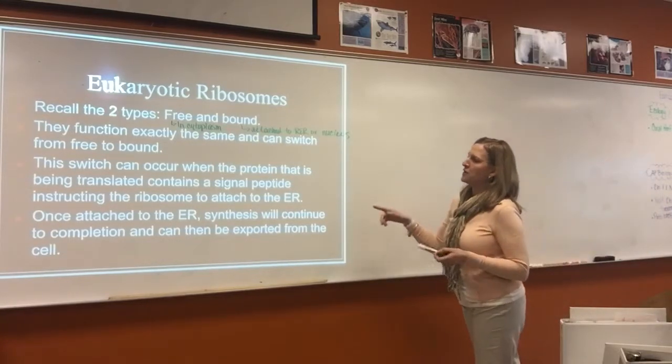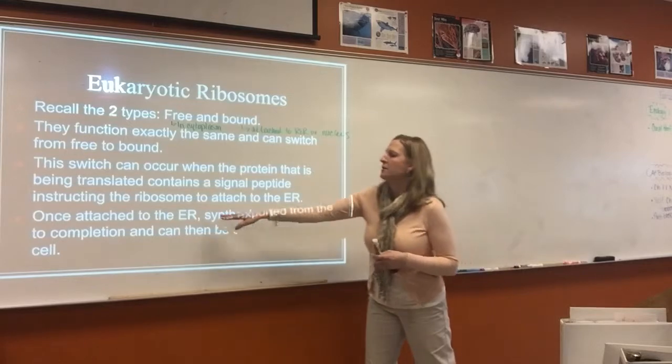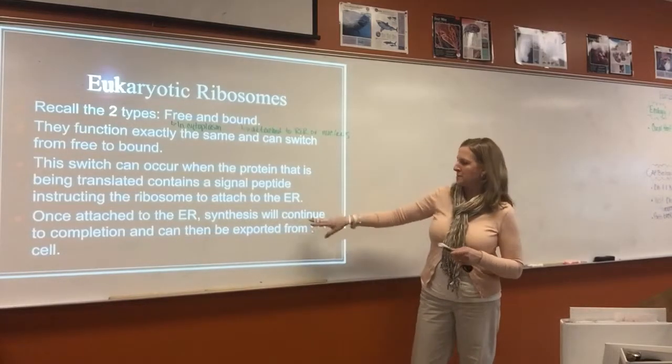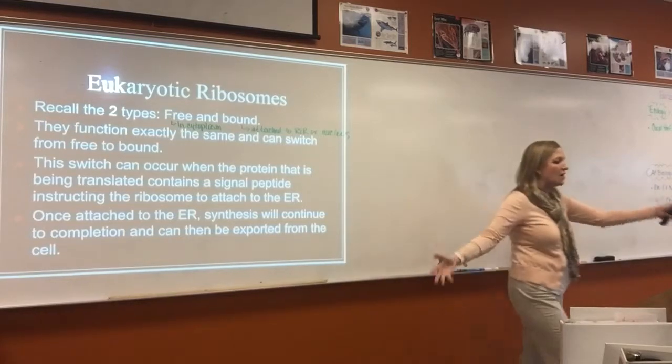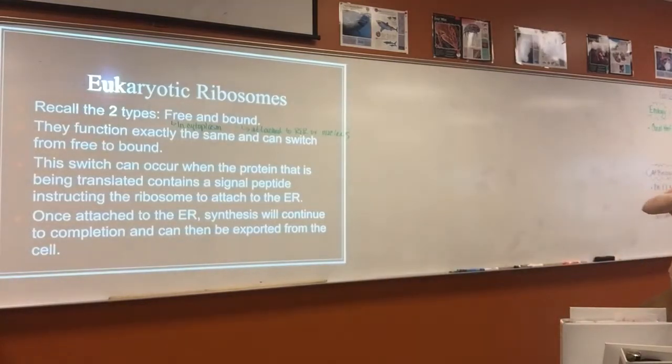And then usually the ones attached to the ER, the making of the polypeptide continues, and then they're exported from the cell. So if you remember the rough ER, a vesicle buds and has the protein attached to it. This vesicle goes and binds to the Golgi apparatus, where the Golgi apparatus modifies the protein some more. The vesicle then buds off the Golgi apparatus and binds to the cell membrane.